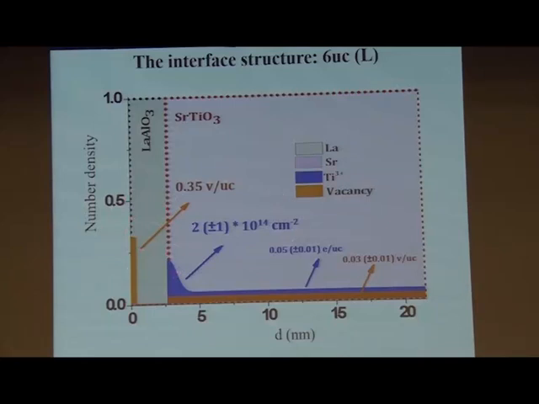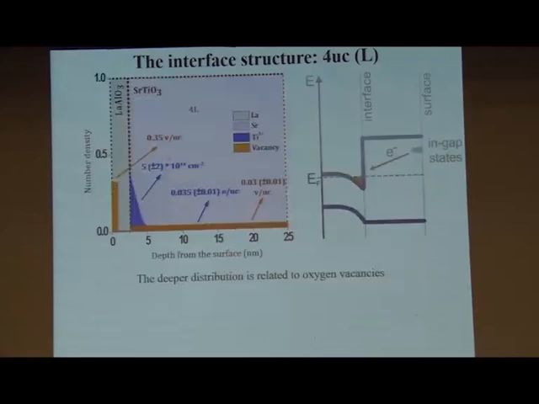Does that mean that there is no role of the polar catastrophe model that one talked about? Actually, we believe it does have, but it affects it in a different way. What really happens is that as you are growing the lanthanum aluminate up, and this band is bending, the electron you want to transfer from the topmost layer of lanthanum aluminate is coming out of the bonding level of the oxygen.